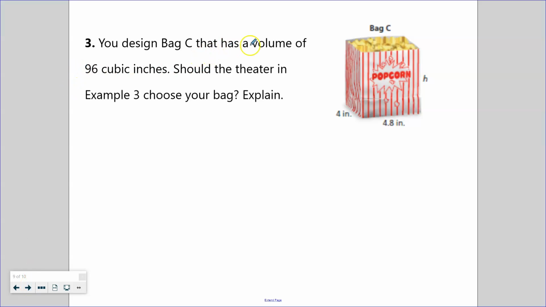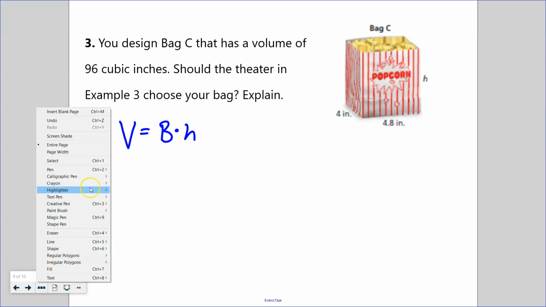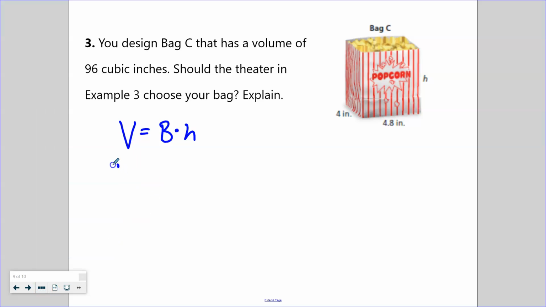All right, you design a bag C that has a volume of 96 cubic inches. Should the theater, in example 3, choose your bag? So now we need to find the height. So volume equals base times height. We know the volume already, so we had 96 cubic inches.